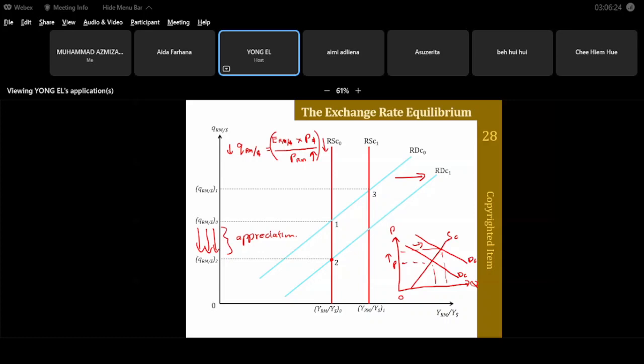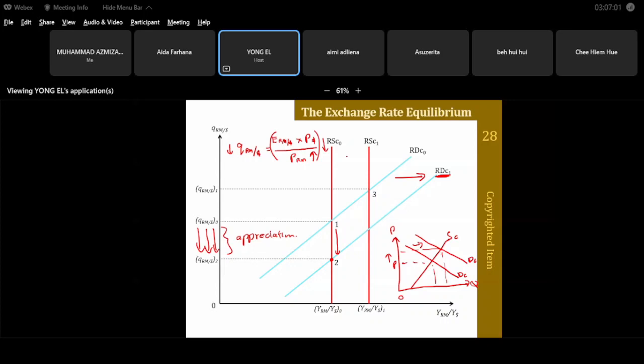Because when the real exchange rate appreciates against the US dollar, Malaysian goods will become more and more expensive over time until they reach point 2, where there's no more incentive for people to increase the demand for Malaysian goods. Meaning, the shift in the demand curve is completed at RDC1 here.